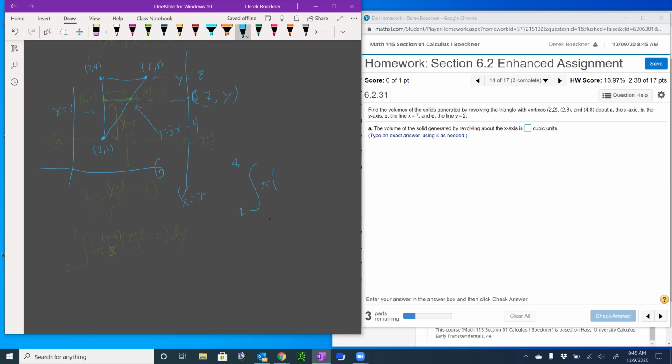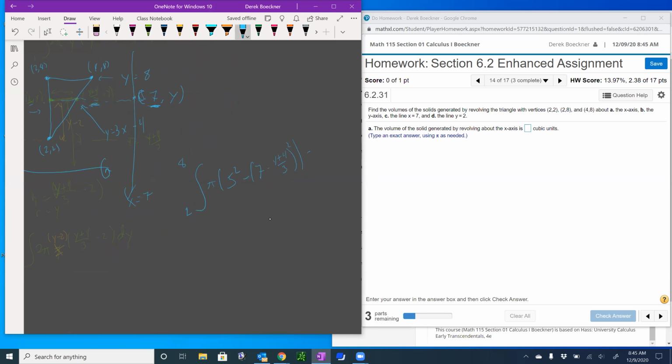The outer radius is 7 minus 2, which is 5, squared, minus the inner radius, which is 7 minus (y plus 4 over 3), squared. So that's the outer radius squared minus the inner radius squared.